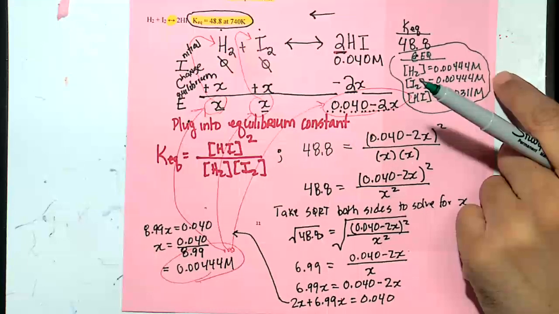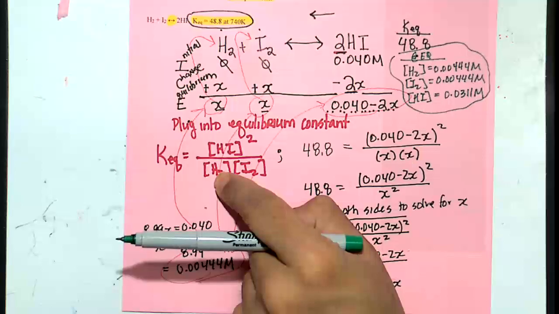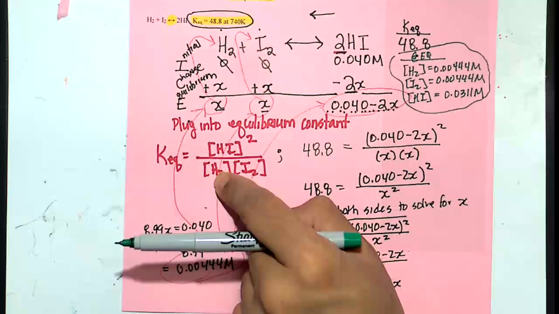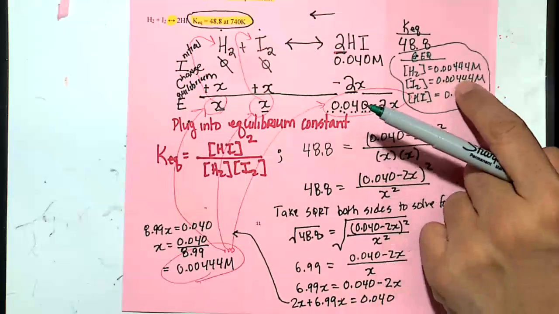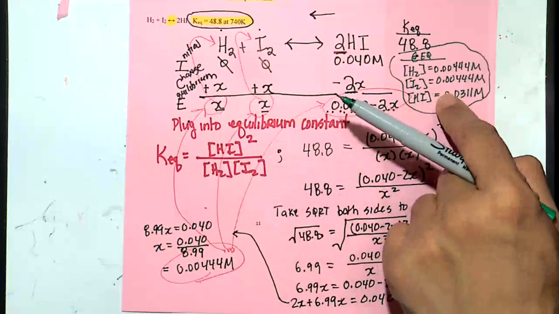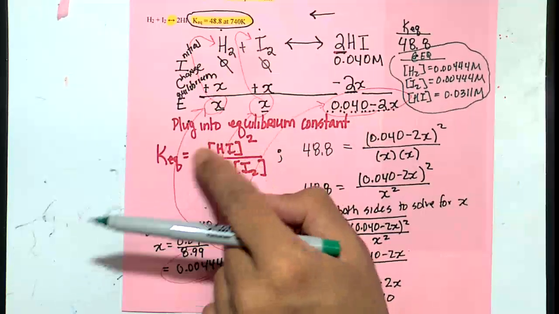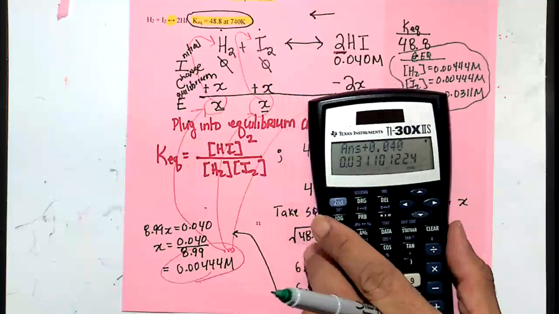Plugging everything back in here, what you can do is take these equilibrium concentrations, plug them back in here, and it should equal 48.8. So if you put H2 here, I2 here, HI squared, it should equal 48.8.